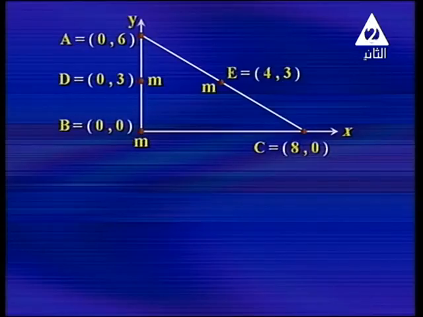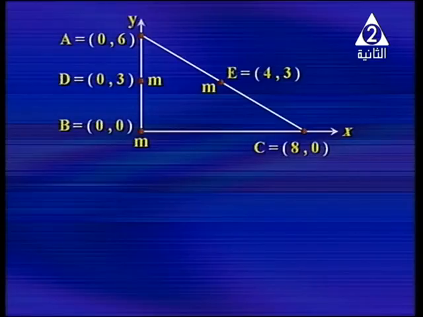This E is the midpoint of AC. Midpoint of AC, we find 0 plus 8 divided by 2 equals 4, the first coordinate of point E. Second coordinate, 6 plus 0 divided by 2 equals 3.